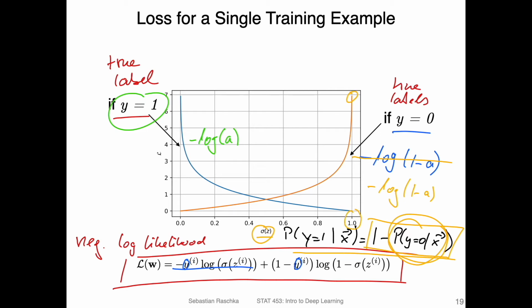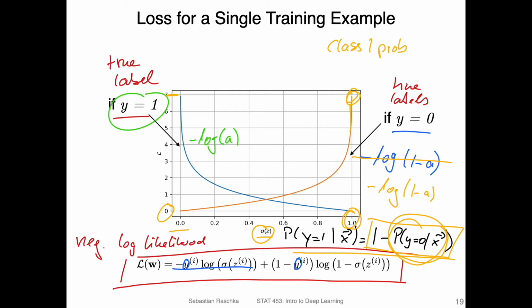So this is really like the class 1 probability. If this is high at 1, then we have a very large loss. You can see that the loss approaches infinity if we have a high probability. Vice versa, the loss approaches 0 if we have a low probability here.